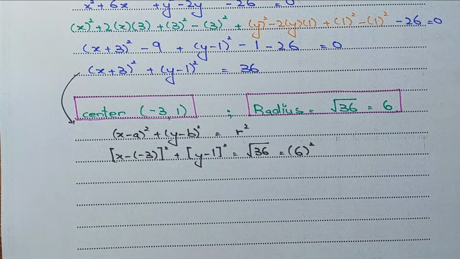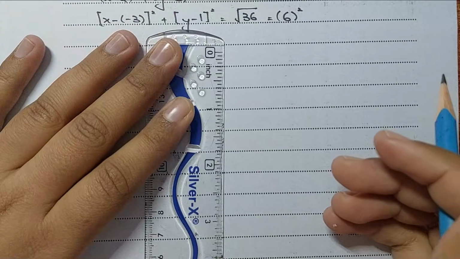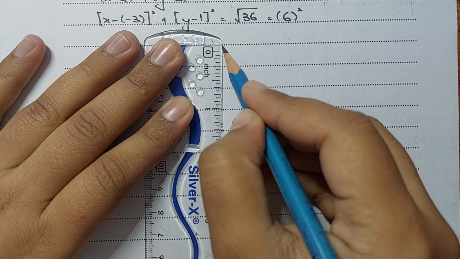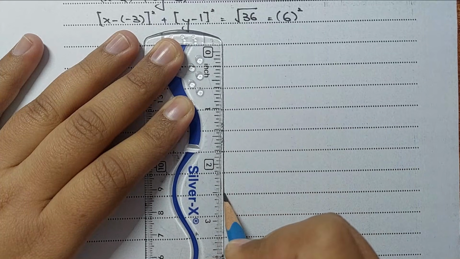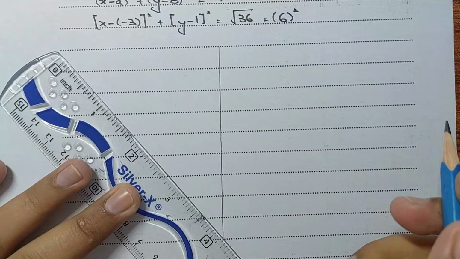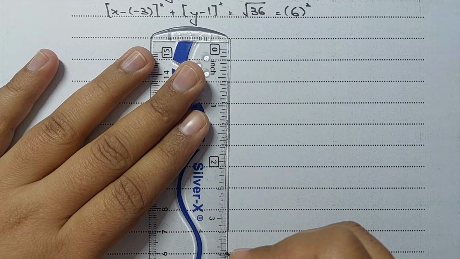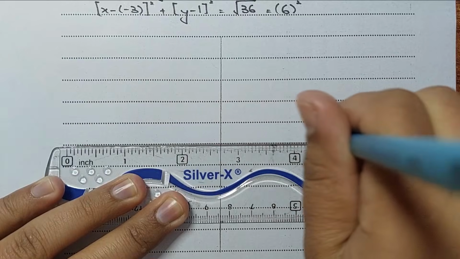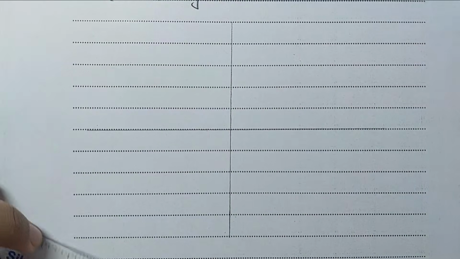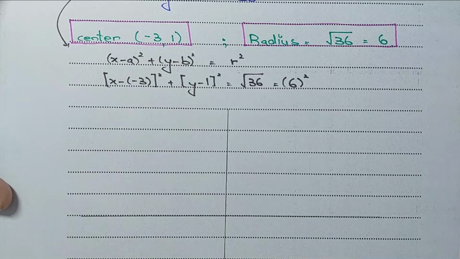For the lowest point, we need to figure out if we can draw that circle. The center of that circle is negative 3 and 1.